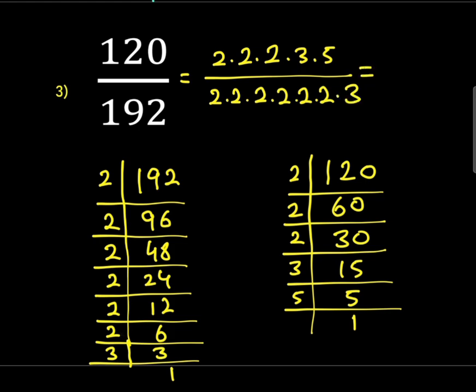Now 2 is cancelled with 2, we have another 2 and another 2. This 3 is cancelled with this 3. We are left with 5 over 8. The answer is 5 over 8.